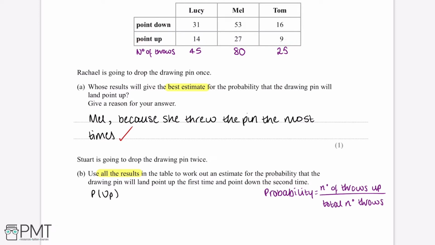So it will be equal to 14 plus 27 plus 9. And then the total number of throws will be equal to 45 plus 80 plus 25. And if we simplify this down, this will give us an answer of 50 over 150.